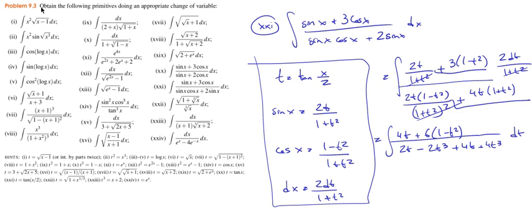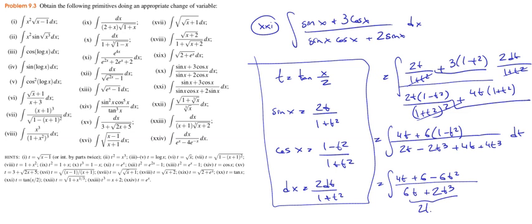Okay, let me simplify that a bit. So you have, let's see, this is 4t plus 6 minus 6t squared, if I'm correct, right? And then you have here 6t plus 2t cubed, right?